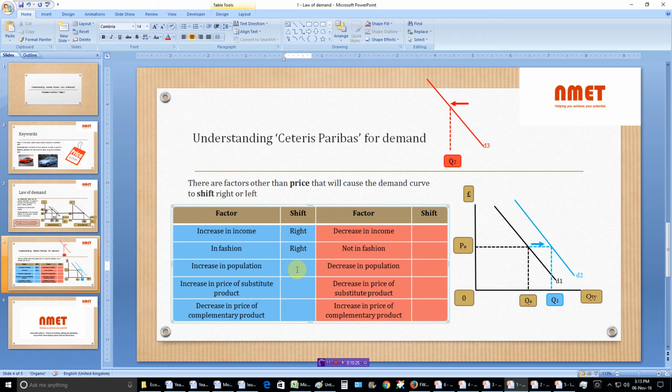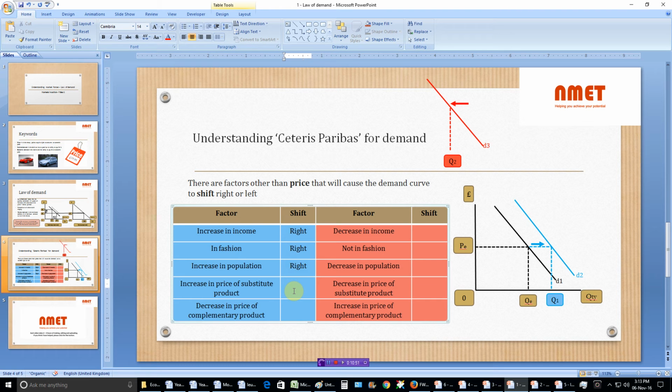If the population has gone up, an increase in population, what will happen to, let's say, the quantity demanded of milk? You'll need more. So the demand curve shifts to the right. You've got margarine and you've got butter. If the price of butter goes up, what will happen to the demand for margarine?